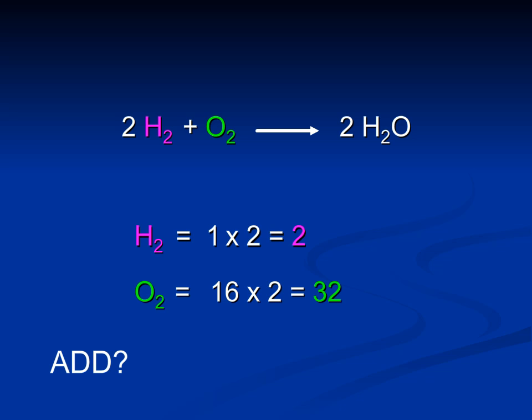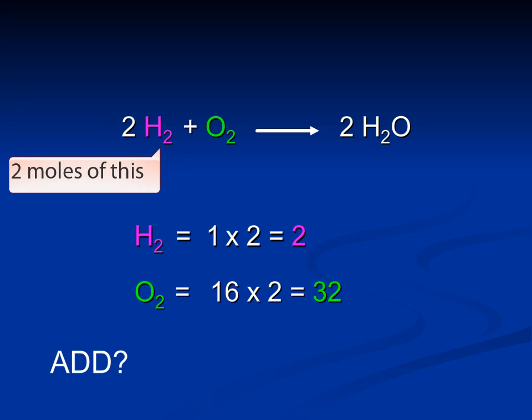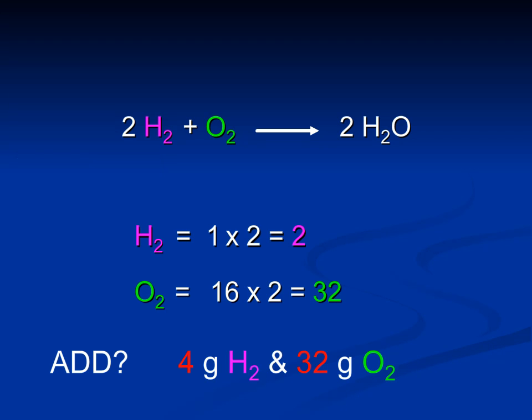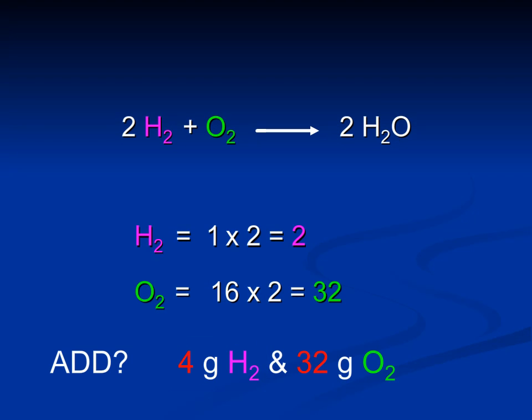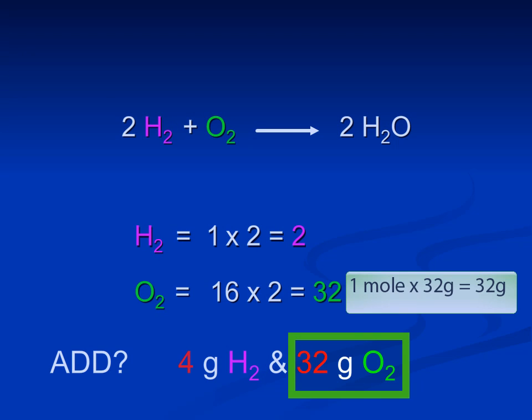Well, we don't have a coefficient in front of the oxygen molecule, so we would just need to add 1 mole of that. But how many moles do we need to add of the hydrogen? Yes, 2. So we would add 2 moles of molecular hydrogen, which weighs 4 grams, and 1 mole of molecular oxygen, which weighs 32 grams.